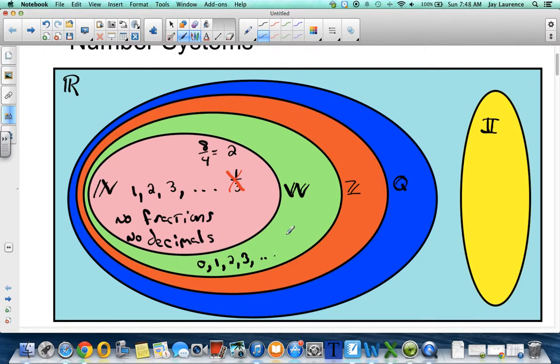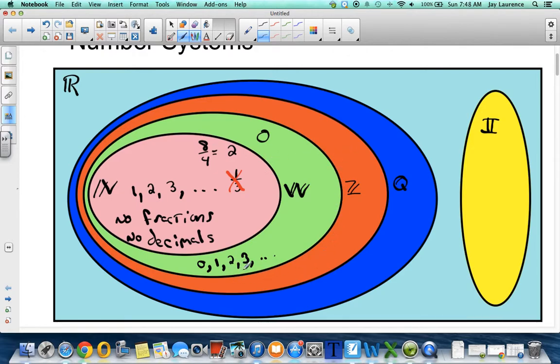But notice if I'm in the green oval, it doesn't mean necessarily that I'm in the pink oval, because 0 is a member of the whole numbers, but you won't find a 0 in the pink oval. This chart works that way. The pink circle is inside the green, inside the orange, and inside this dark blue, and inside this kind of light blue rectangle. All right, well, let's get back to this.